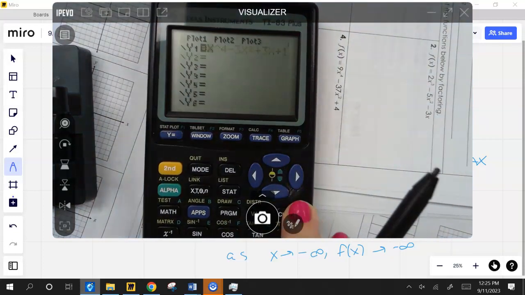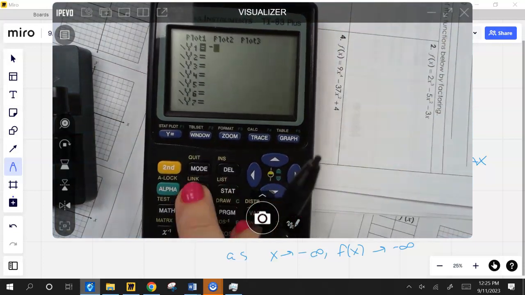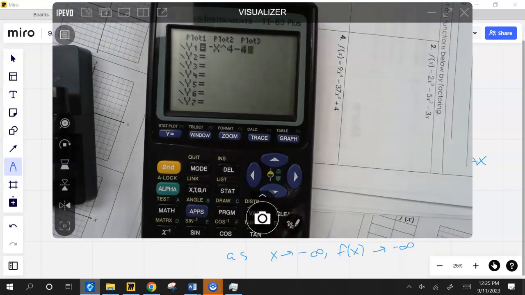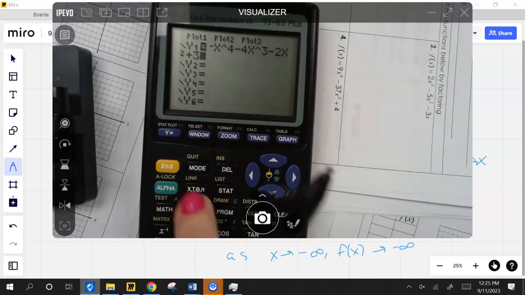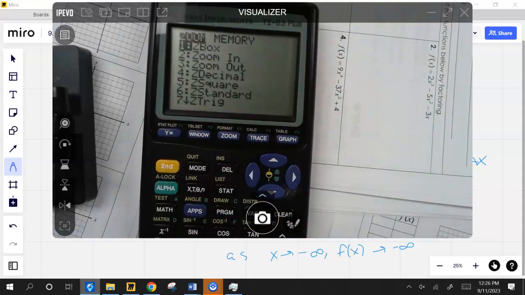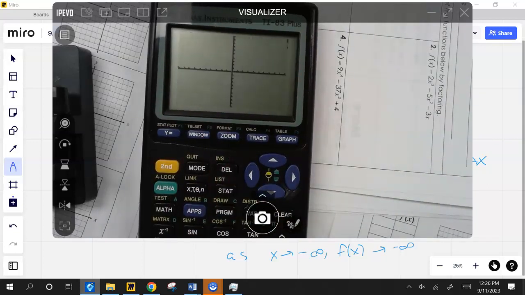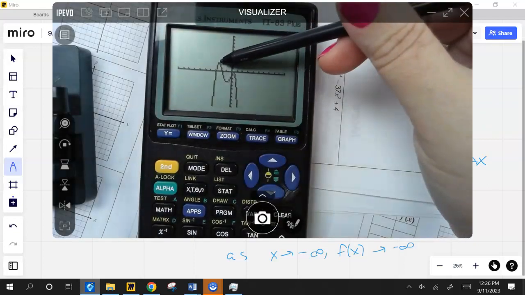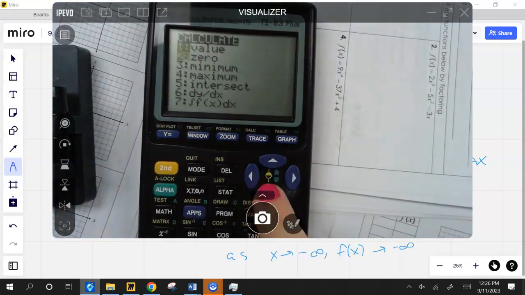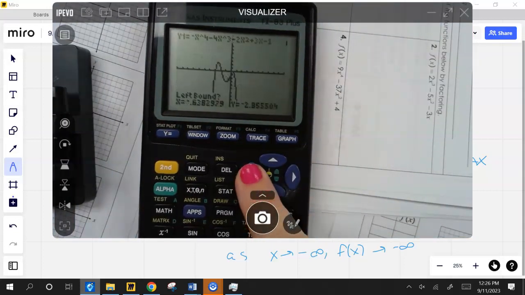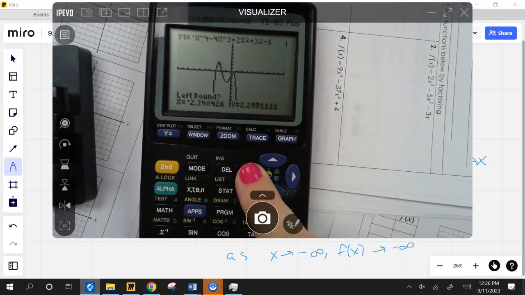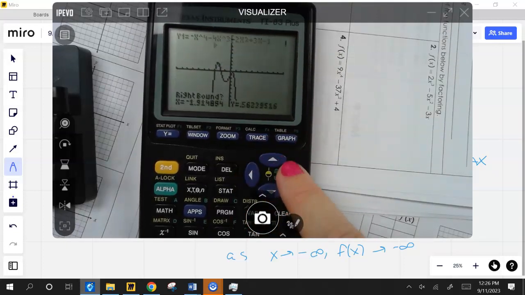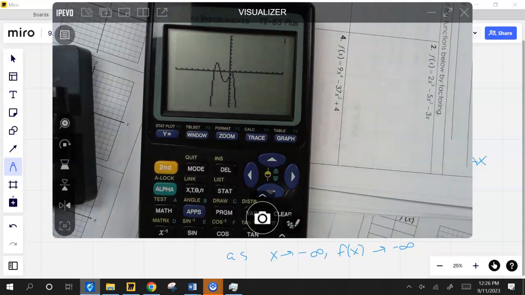Give me the equation. So I need to go for range negative infinity up to, and I need to calculate this to find that y value. 2.4.